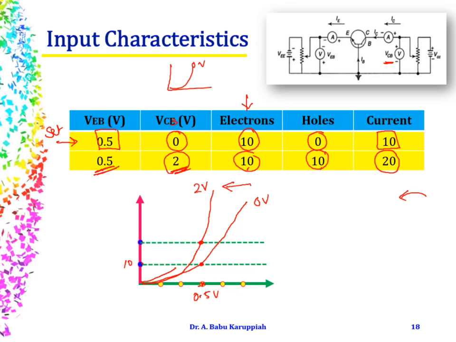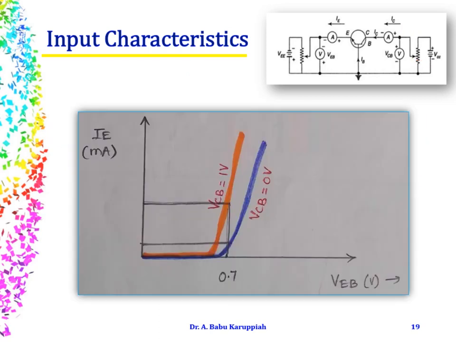Say, for example, if you change this and keep it at 5 volts and do the experiment, the curve would still move upwards, and the curve would be like this, 5 volts, and that is shown in the graph here. So this is VEB, this is your input current IE, keeping your output voltage constant, right? And the curve is here.